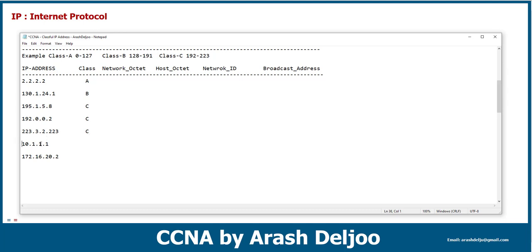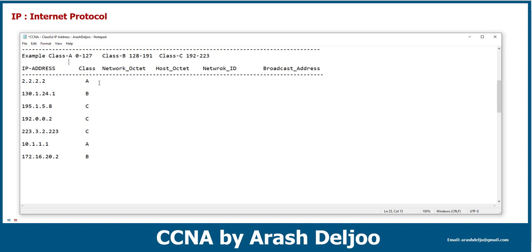And after that, 101, this is a class A IP address. After that, 172, this is in the range of class B. Let me write here class B. That's it. This is the first field: which class? After that, network octet. You know that in class A we have 1 octet for network and 3 octets for hosts.